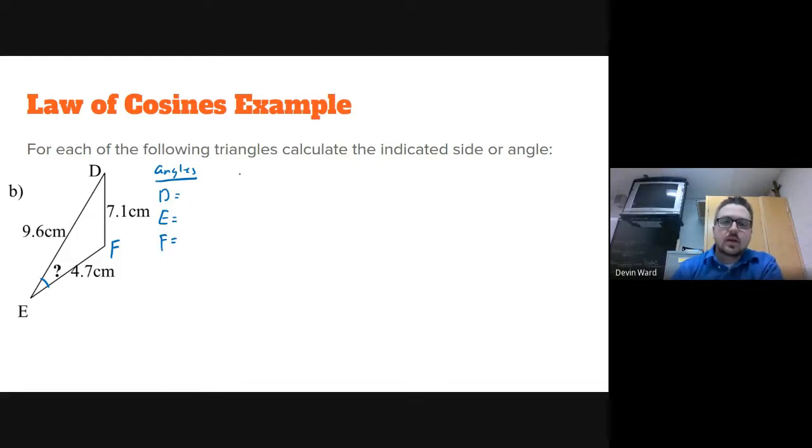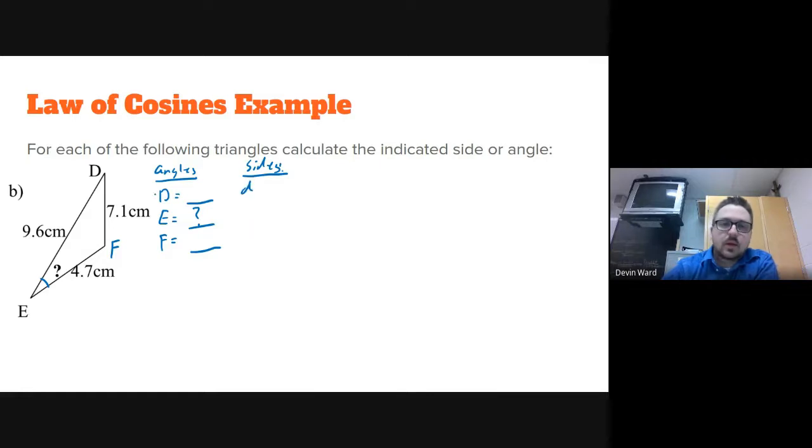And what we know instead are all of the sides. We don't know any of these angles. So if you don't have any angles, but you're looking for an angle, this is when we have to use the other form of the quadratic, or not the quadratic, sorry. Too many formulas. The cosine law. Okay? So we have three sides that we know.